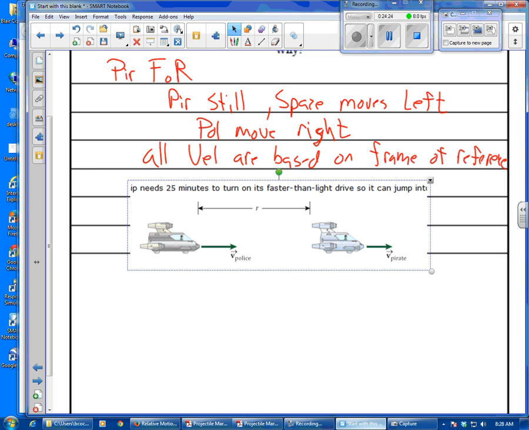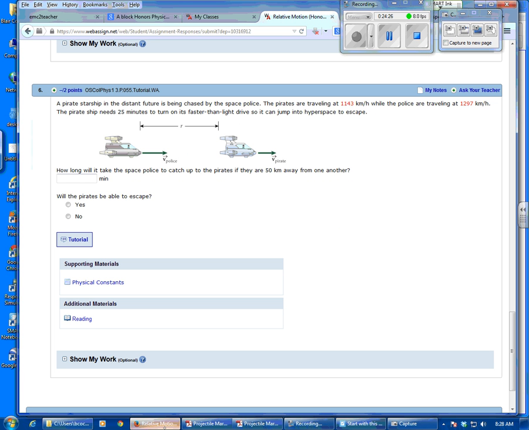Alright, so putting in the things I know. Pirates are traveling. Now, both of these are from the frame of reference of the Earth, right? Or the space.